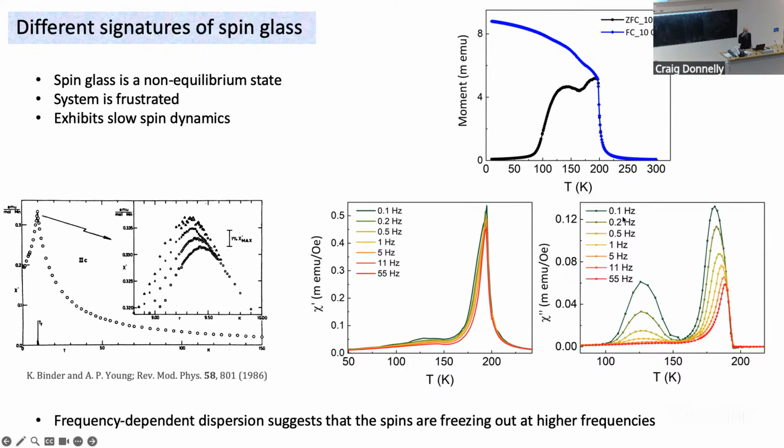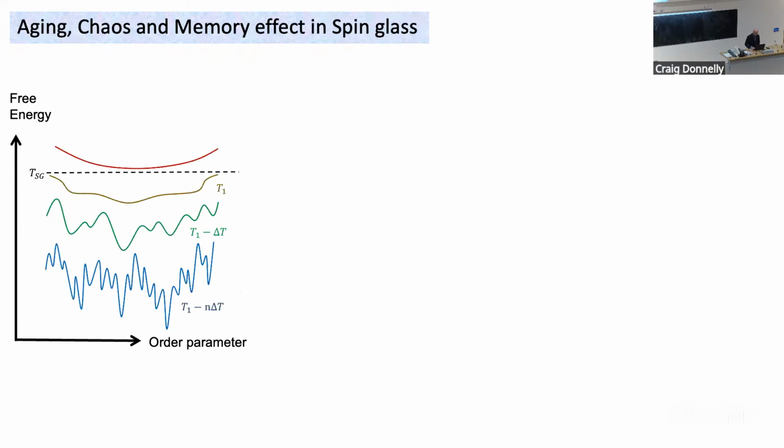The AC field here is a few Oersted, from 0.1 to 55 Hertz. This is a signature of a spin glass, we believe. But interestingly, as I said, it is taking place in a system in which we also have, at a higher temperature, a magnetic ordering. So this is a very unusual case where you can see spin glass characteristics in the presence of a host magnetic material.